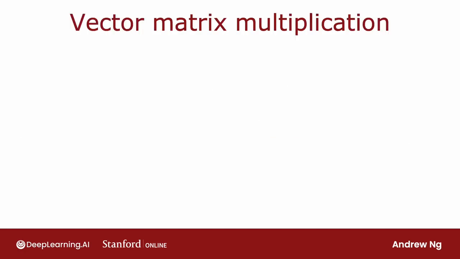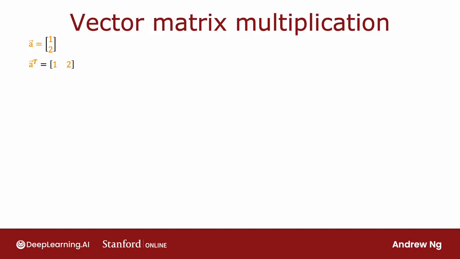Now let's look at vector matrix multiplication, which is when you take a vector and you multiply a vector by a matrix. Here again is the vector A, 1, 2, and A transpose is A laid on the side. So rather than thinking of this as a 2 by 1 matrix, it becomes a 1 by 2 matrix.